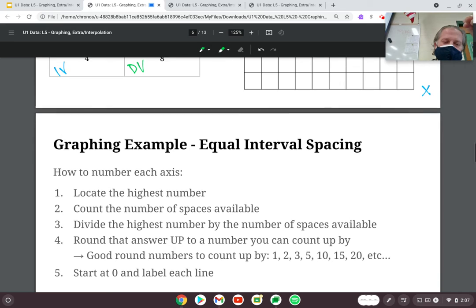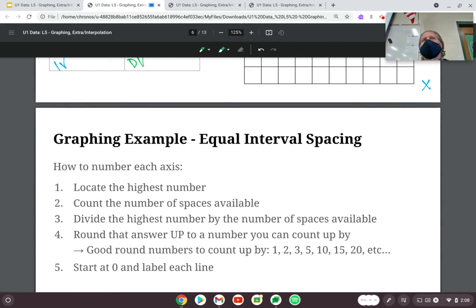Because, I don't know about you, but I'm assuming that you all graphed all summer long, right? You just hung out in your backyard, graphing with your people.